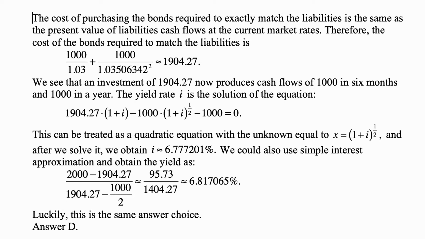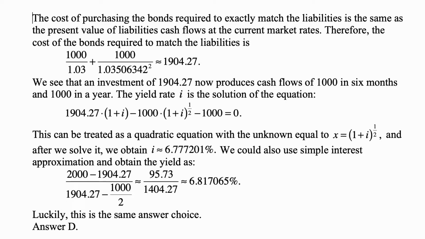And the yield rate must be a solution of the equation that 1904.27 accumulated at the interest rate I over a year, minus a payment of 1,000 in half a year, and that payment accumulated to the end of the year is 1,000 times 1 plus I to the 1/2, and minus a payment of 1,000 at the end of the year.